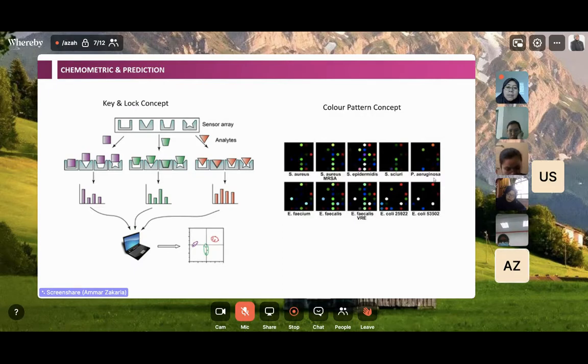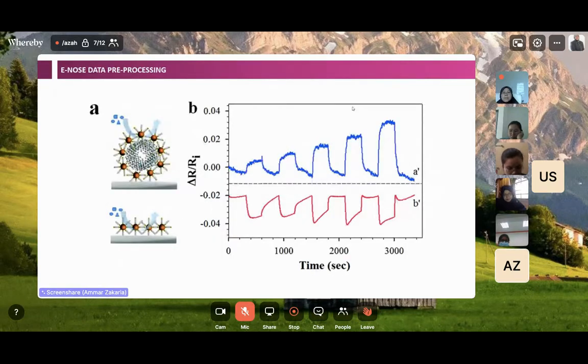It's hard to tell, especially if you want to detect a lot of gases, a lot of analytes. Simply said, if you look at these 10 samples, it is hard to differentiate between these two, or these two. It's quite difficult, and this is only to detect 10 samples. If you have 100 samples, I think the difference will be very, very little, and then you have a problem using this concept, right? Okay, all right.